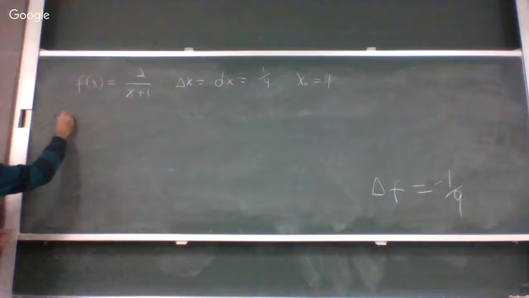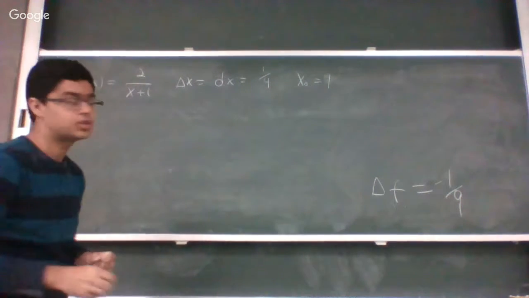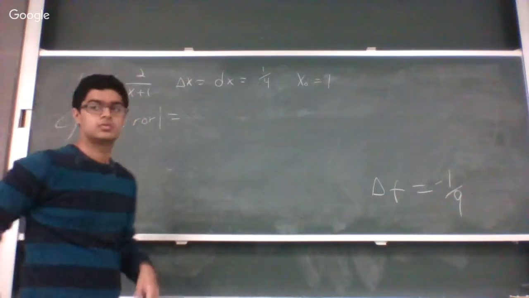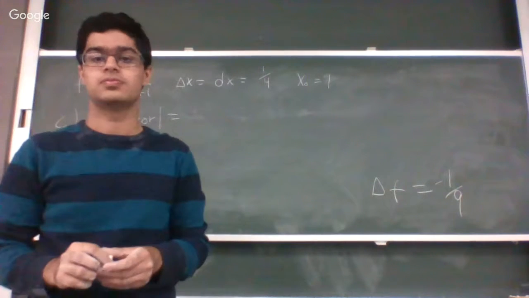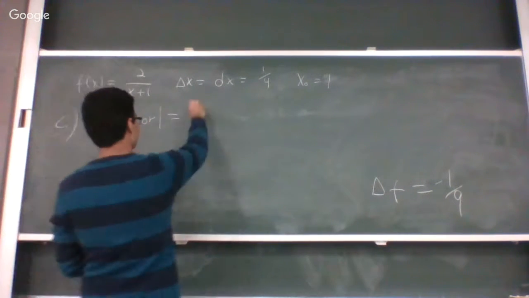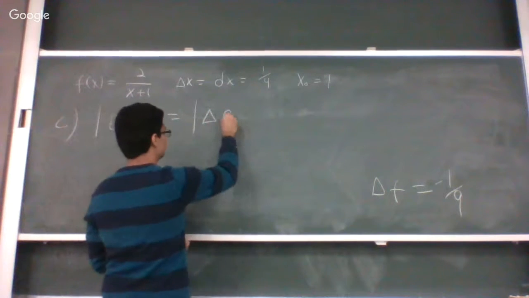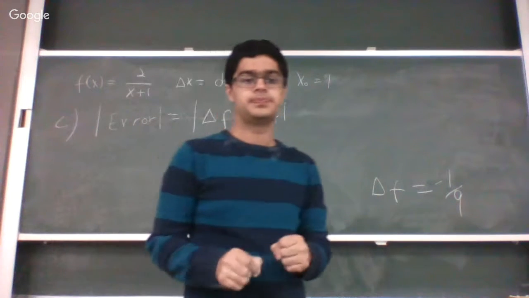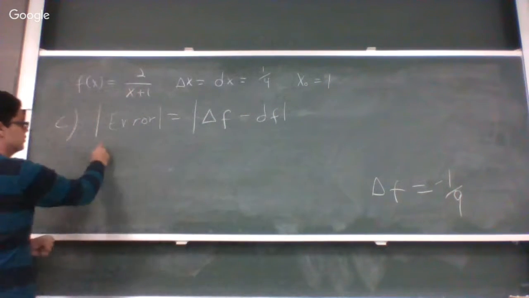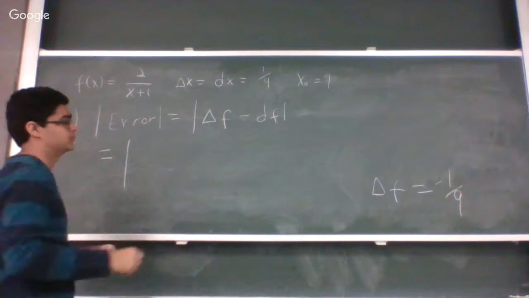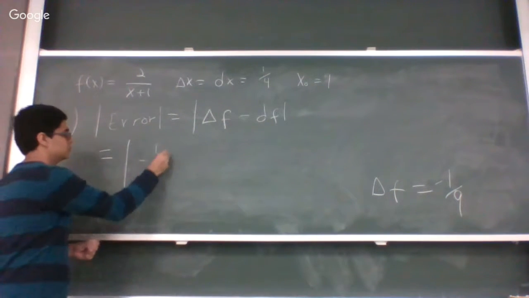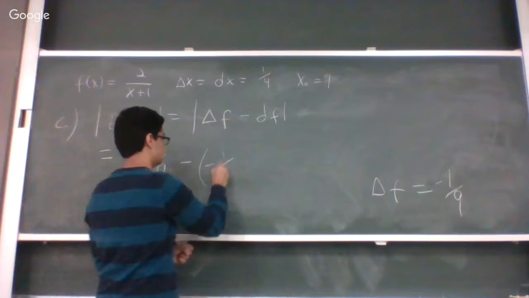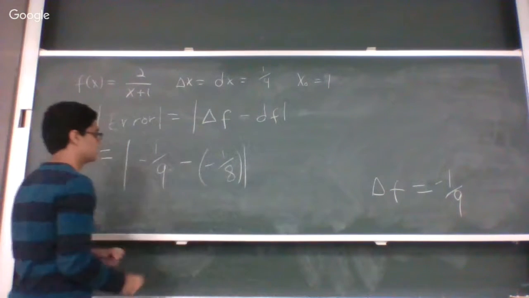What is the formula for error? It's change in f minus df. So that's equal to what? Negative 1/9 minus negative 1/8.